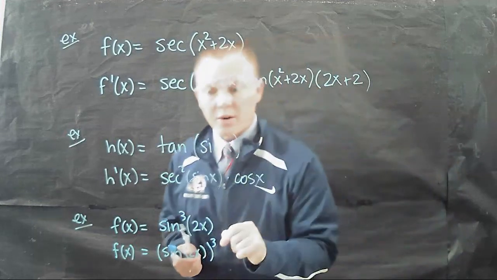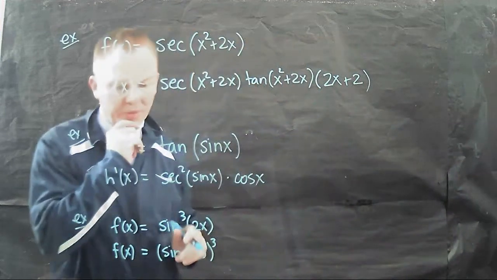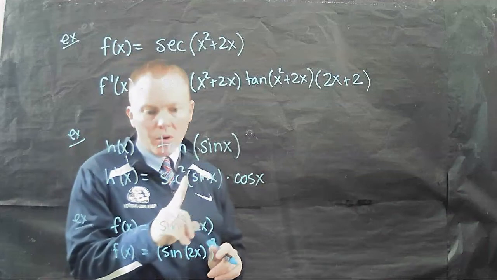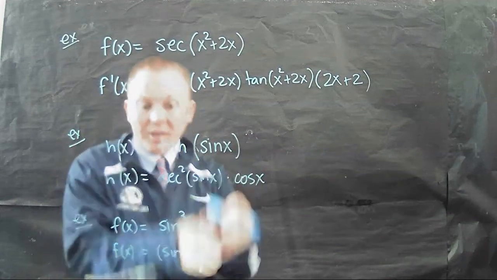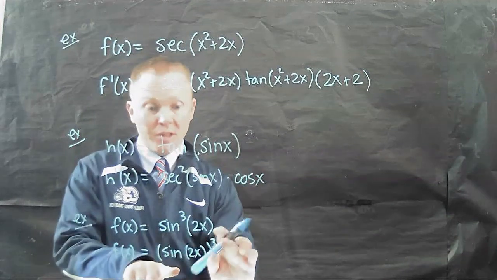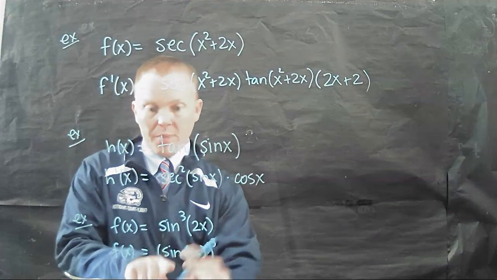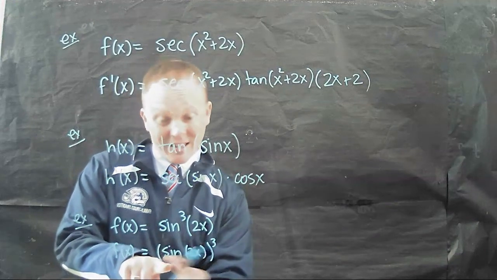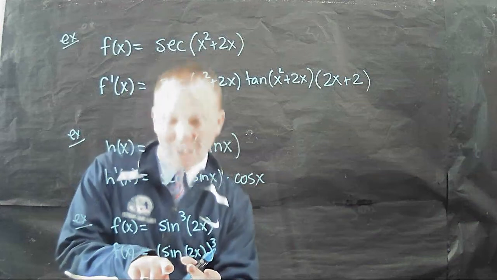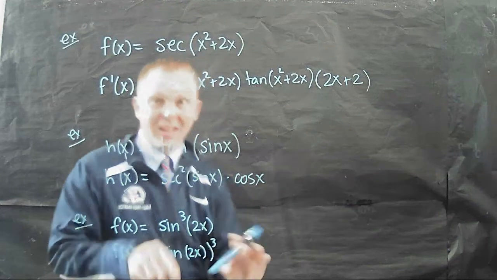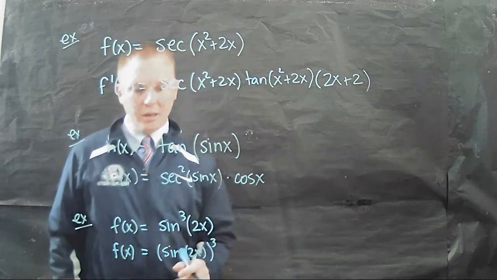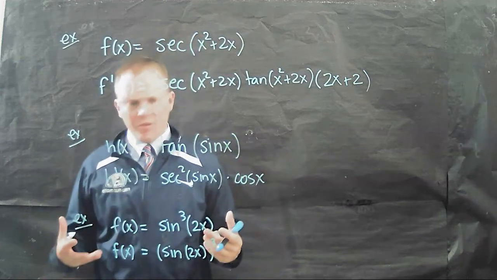Because what's going on here that wasn't going on before is now we've got an inside of an inside. We've got something to the cubed power, but then that something that is getting cubed is itself a composition of functions. It's like chainception.